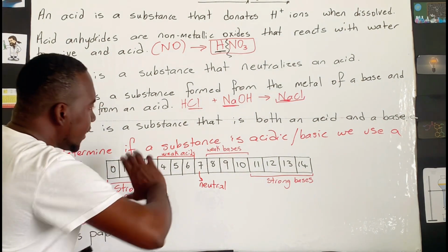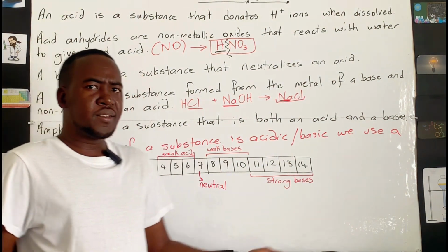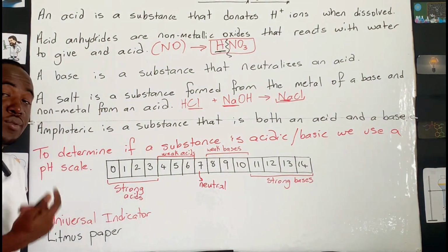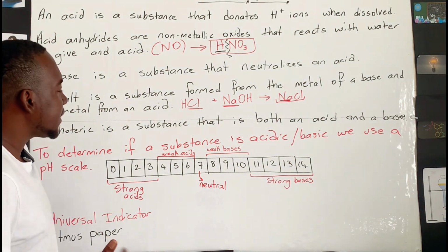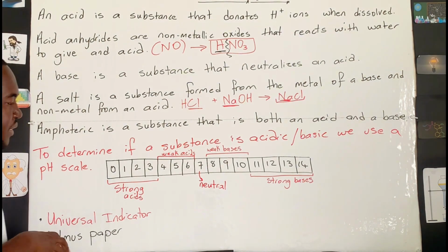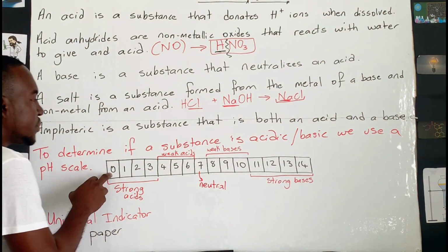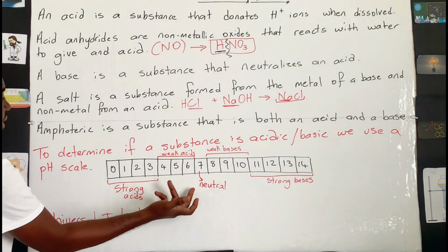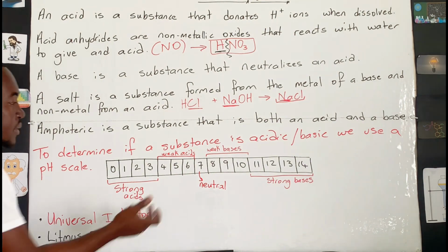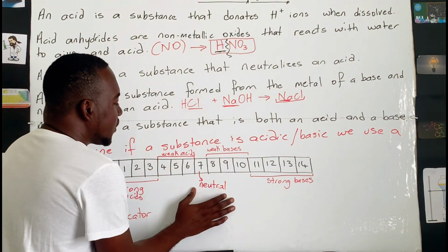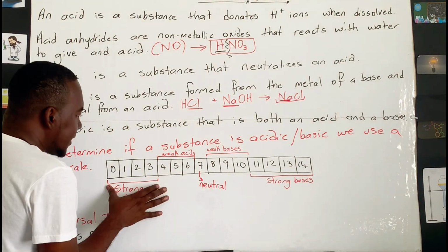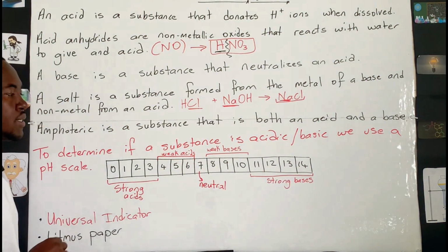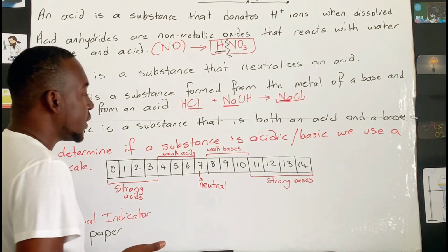Even though it's not shown here, I'll put a pH scale on this video that will represent that each number has a unique color, and we're going to get to that unique color later on in this video. Everything from 0 to 6 is classified as acidic. 7 is the middle one, which is our neutral, meaning it's not an acid and not a base. And then from 8 to 14, it's classified as basic solutions.